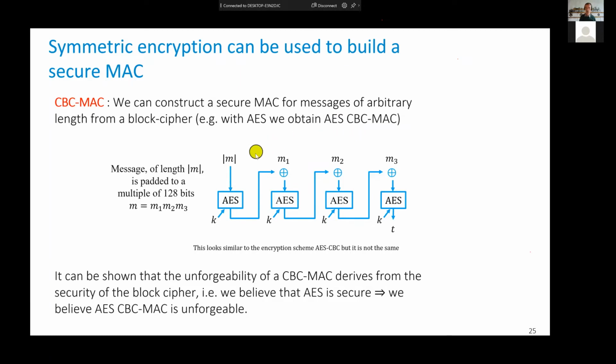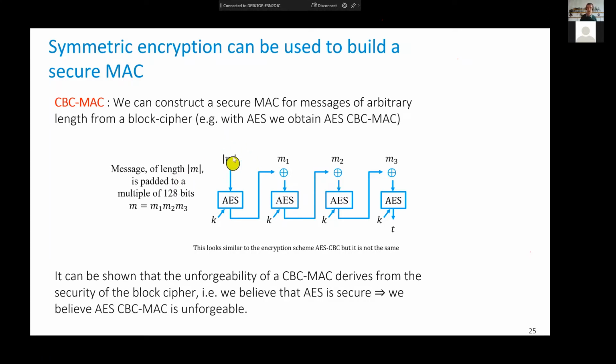It works as follows. If I have a message M, like a string of hexadecimal digits, like I've shown in the previous example, first we take the length of the message, which will typically be less than 128 bits, because a length that is coded on 128 bits would be a huge, huge message.